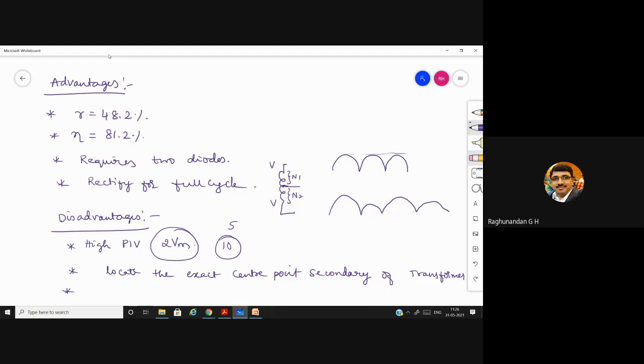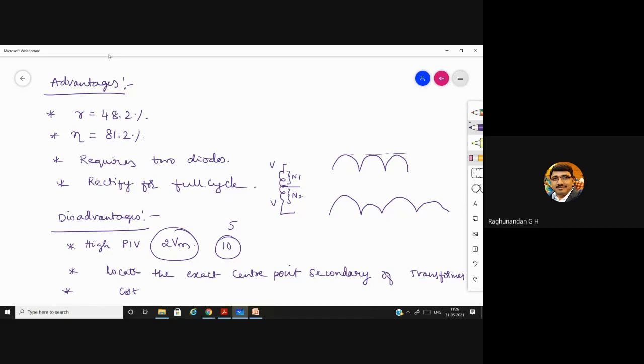So different peak levels we are going to get. This problem occurs since we are using a center tap transformer. And also the cost of this kind of transformer is quite high compared to normal transformers. So obviously the cost will be high for this particular transformer.